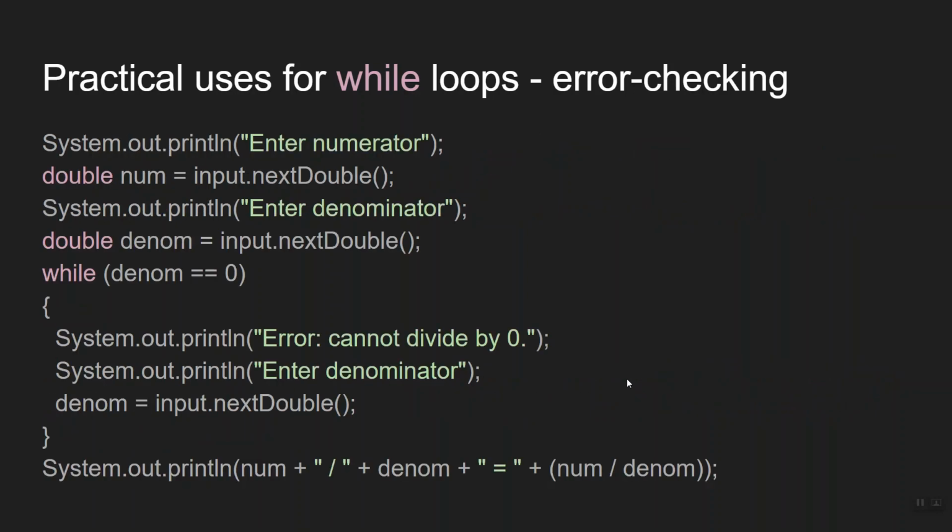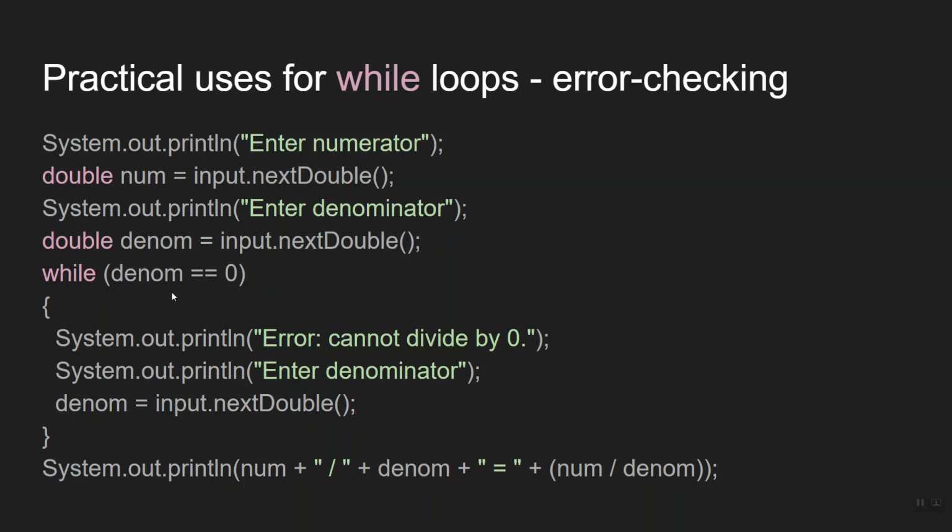So here's an example of this. Asking for a numerator, record it. Asking for a denominator, record it. Then we have a while loop set up to check whether or not it's 0. If it is 0, then we're going to tell them that they can't divide by 0, give them a chance to enter a new denominator, and then check it again. Make sure that they did it correctly the second time.